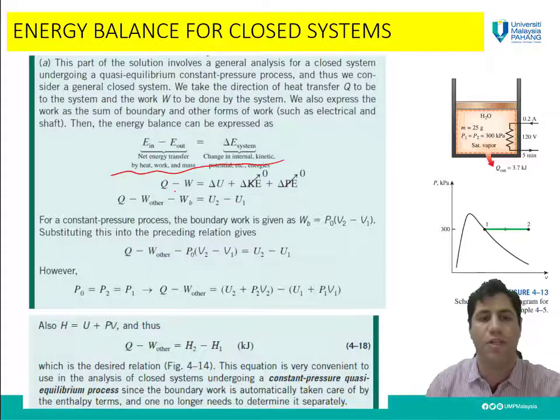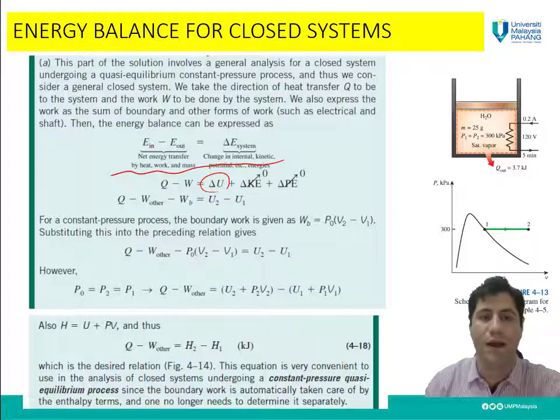So this equation will be Q minus W equal to delta U plus delta KE plus delta PE. Delta E, or the change in the energy of the system, can be due to the change in the potential energy, kinetic energy, or internal energy of the system. Here we have a stationary system, so delta PE and delta KE are zero. We have only delta U for the system.